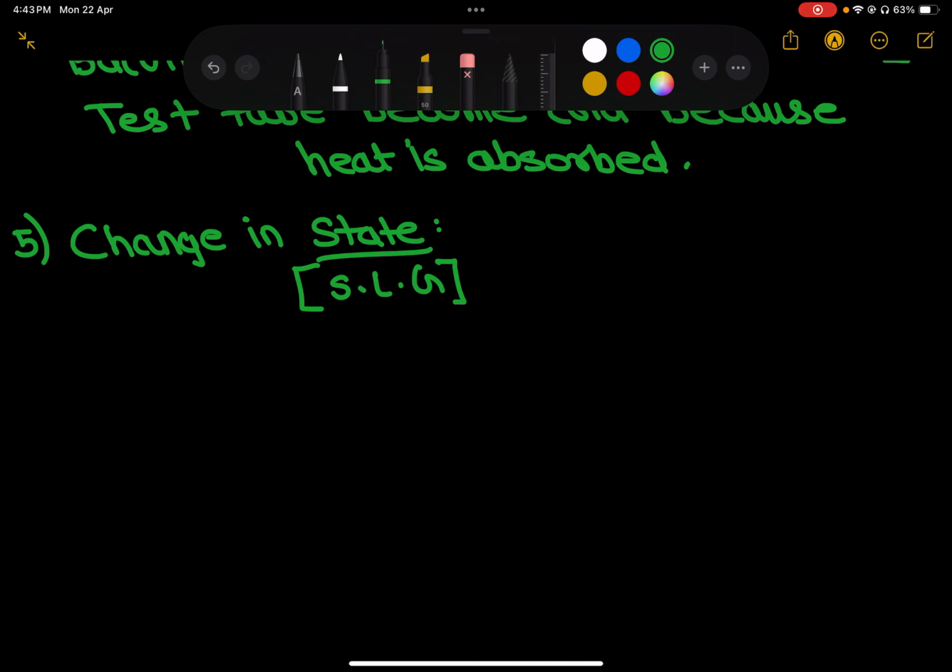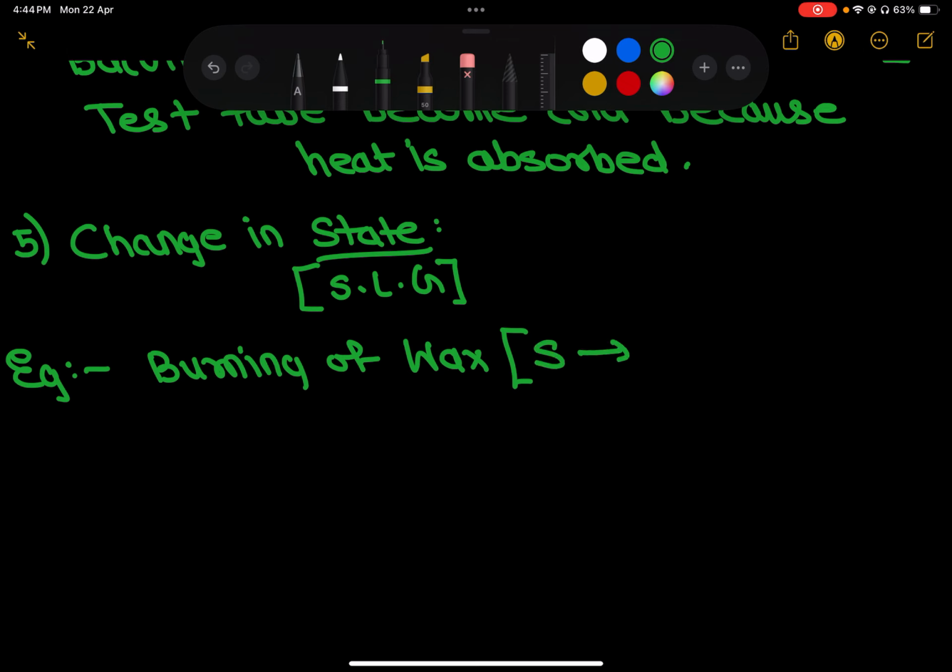I'll give you an example. See, burning of wax. When wax is burnt, I'm not saying melting, I'm saying burning. Burning of wax is a chemical change, and in this reaction, how do we recognize that a chemical reaction has taken place?